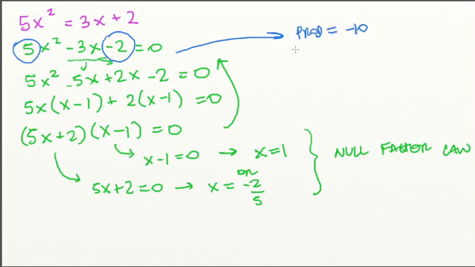So in this case, -10. The middle term here is the sum that I'm looking for. So this time I have a negative product and a negative sum. So negative product means I am multiplying something which is negative by something which is positive. And this negative sign here means that the negative one is the larger one.